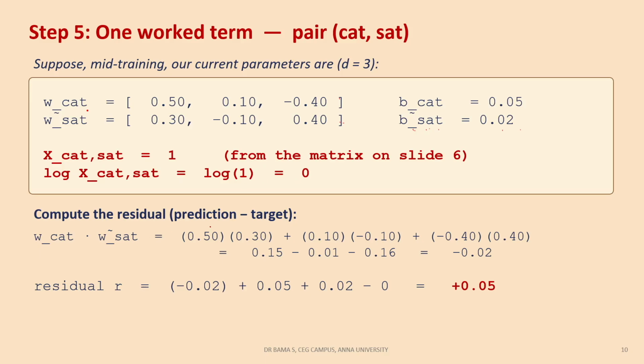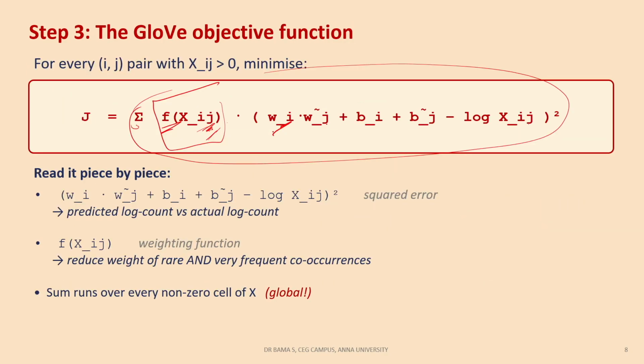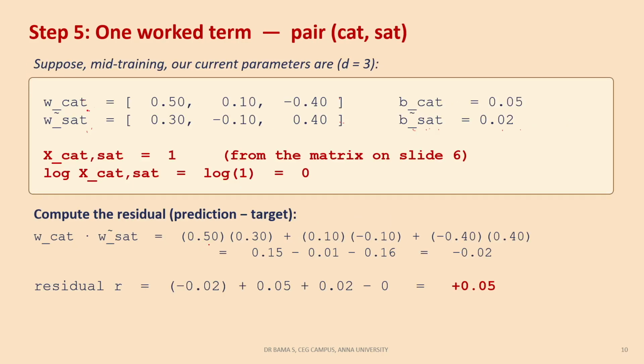So now we will compute the residual function, w cat multiplied by w sat, how many times cat and sat occur with each other. This is actually 1, so the logarithm is 0. Now to compute wi with respect to wj, we take 0.5 multiplied by 0.3 plus 0.1 multiplied by minus 0.1 and minus 0.4 multiplied by 0.4, and that we would get as minus 0.02.